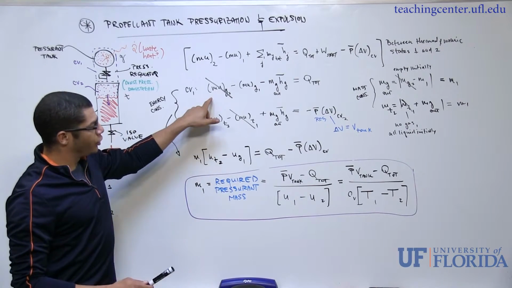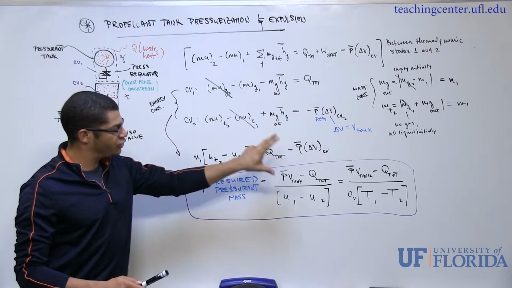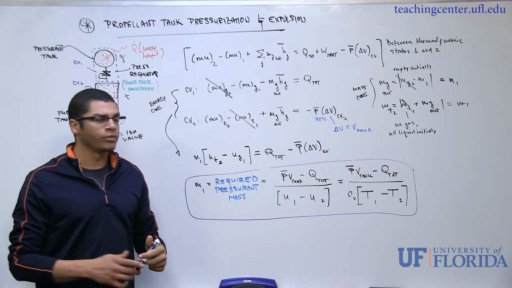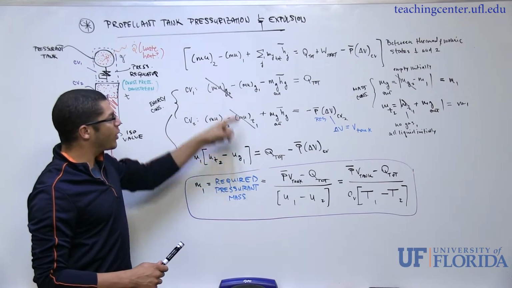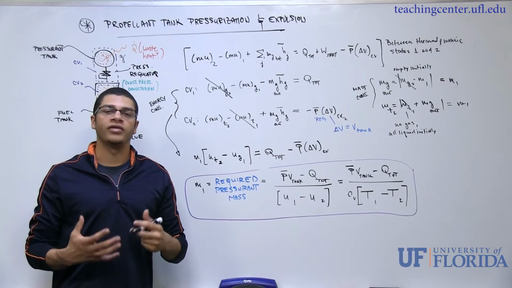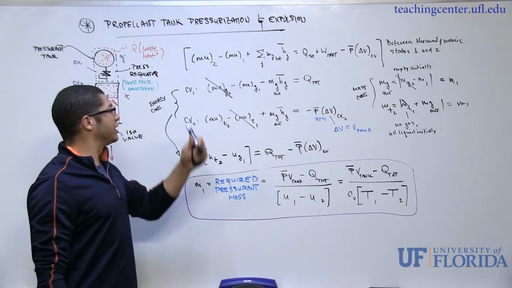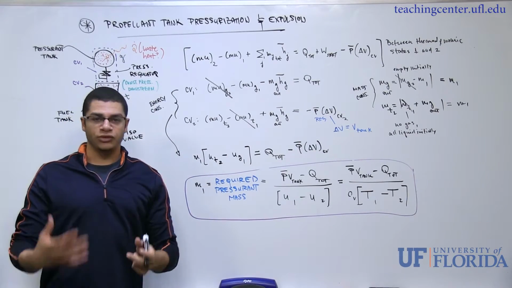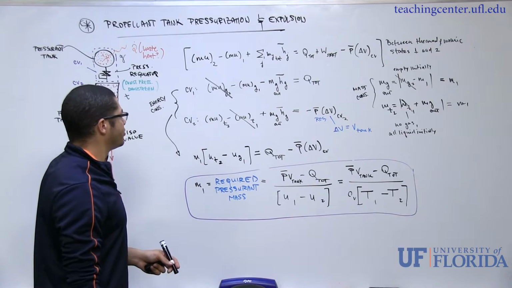But for the purpose of showing you the steps of this problem, I've assumed that we have nothing left. So there's no energy left in that pressurant tank. All of that mass has been expelled and goes down to the tank system. That makes things a little bit easier.